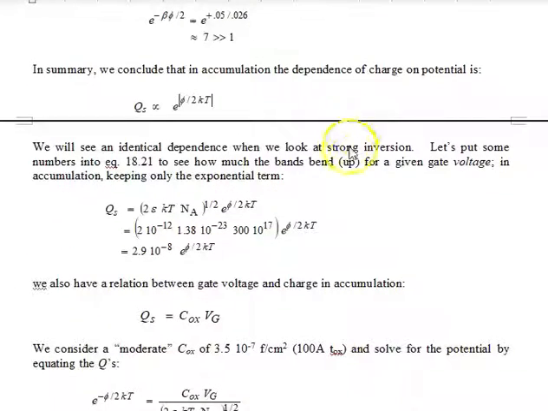Okay, so let's see one other thing. Let's put in some more numbers into equation 821 to see how much the bands bend up for a given gate voltage. So suppose we have, this is accumulation, we have a voltage of, say, minus 1 volt, assuming flat band is 0.